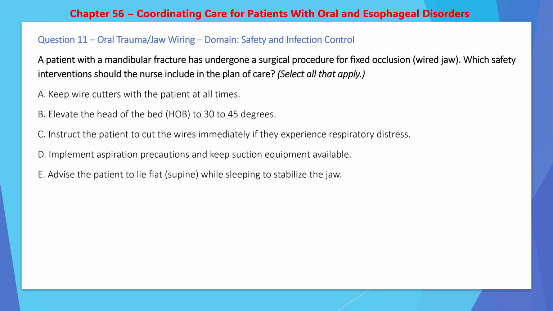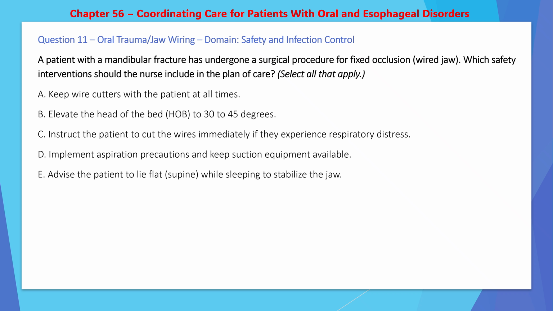Question 11. Oral trauma, jaw wiring. Domain: safety and infection control. A patient with a mandibular fracture has undergone a surgical procedure for fixed occlusion, wired jaw. Which safety interventions should the nurse include in the plan of care? Select all that apply. A. Keep wire cutters with the patient at all times.